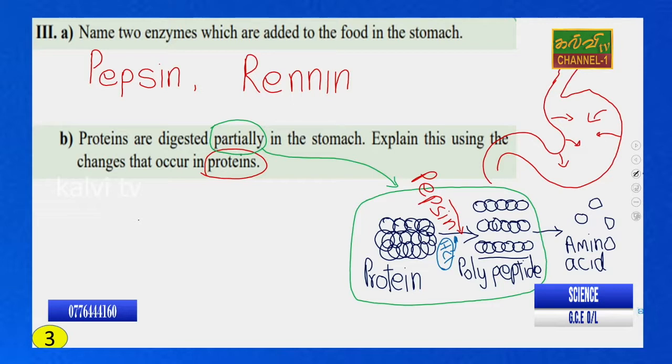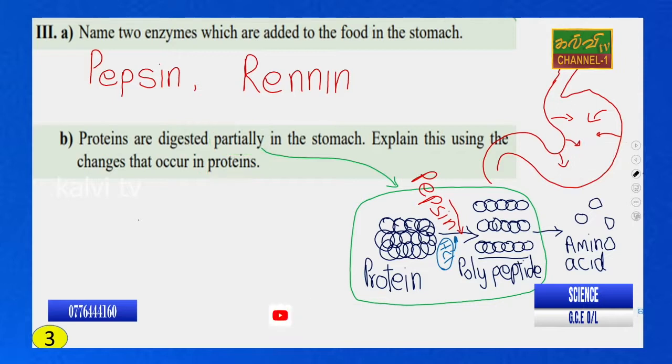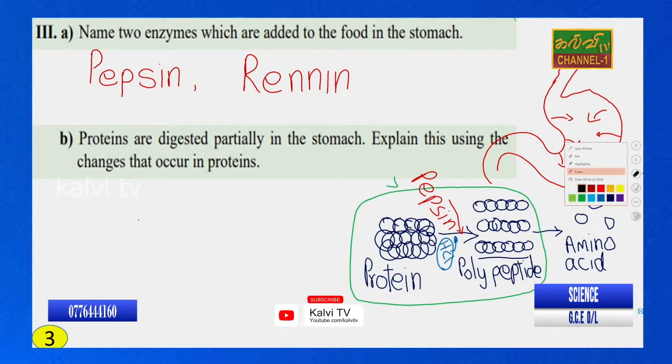So there are two questions they have asked in this part B, right? What are the questions? Proteins are digested partially in the stomach. Explain this using the changes that occur in proteins.